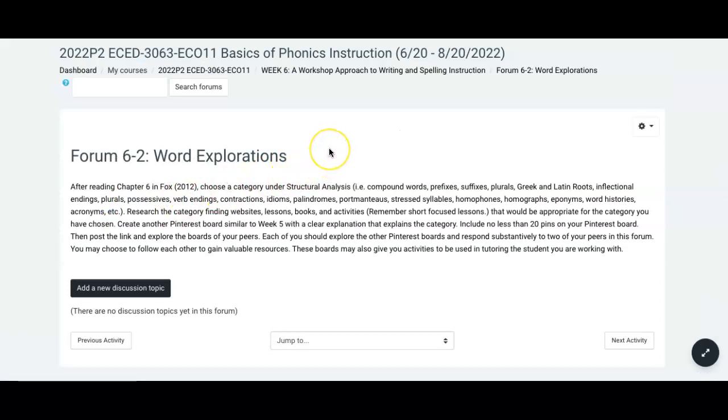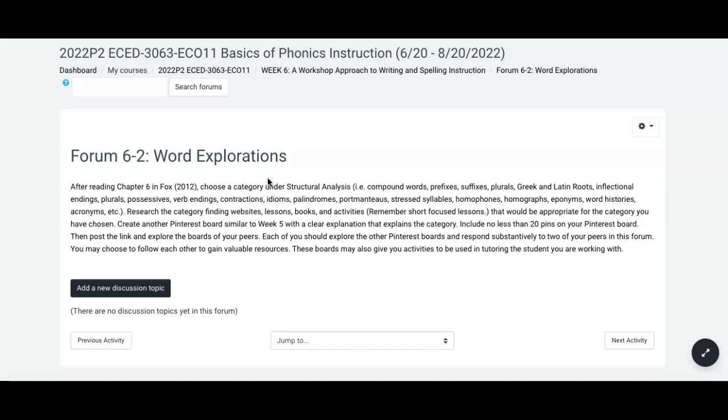Forum 6-2 is word explorations. After reading Chapter 6 in our text, choose a category under structural analysis. You're going to research the category, finding websites, lessons, books, activities that would be appropriate for that category.